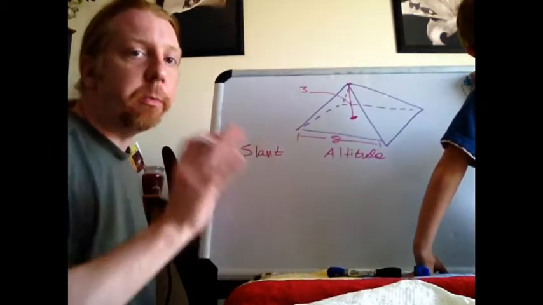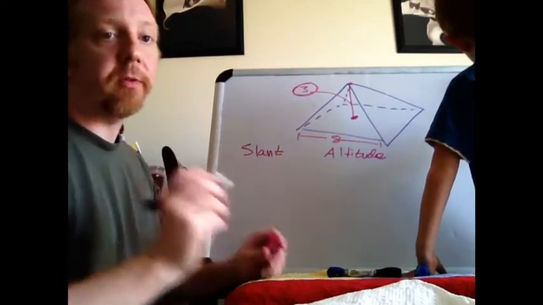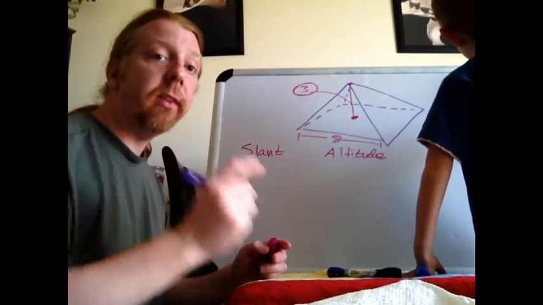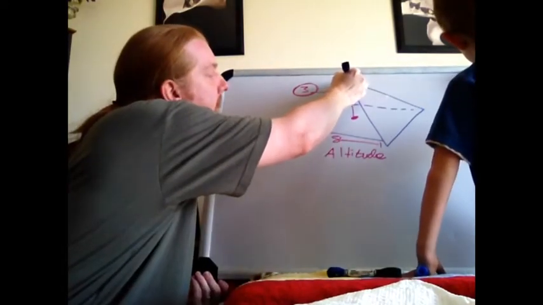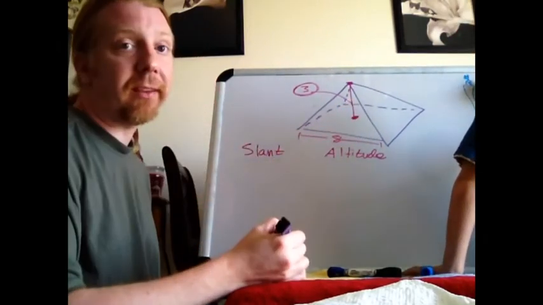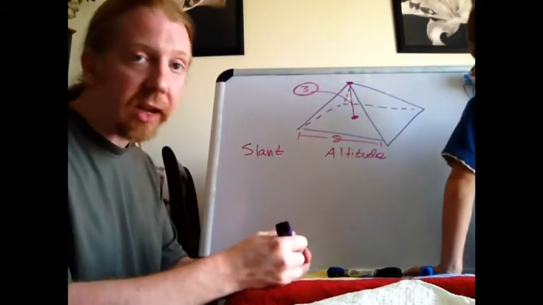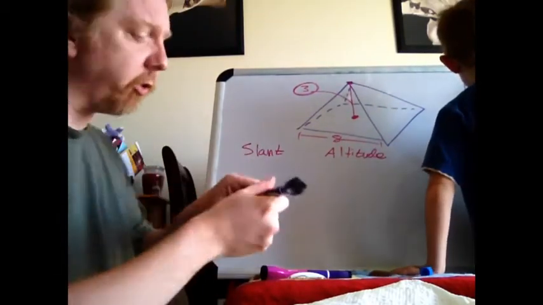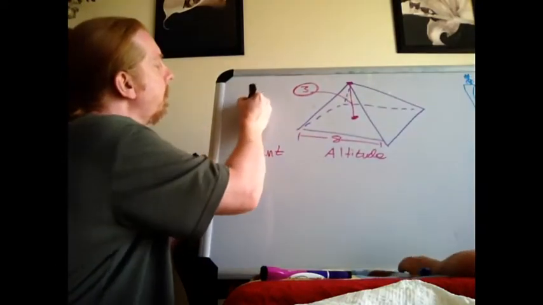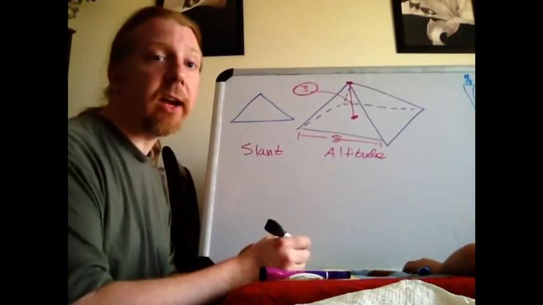Now, for this particular problem, the altitude is provided as 3. That's the length from the very tip of the pyramid, or the cone, straight down to the base. Now, if I were to look at this pyramid dead on from the side, I'd see a slightly different picture. That's my dead on side view.